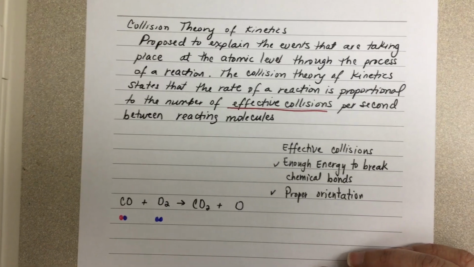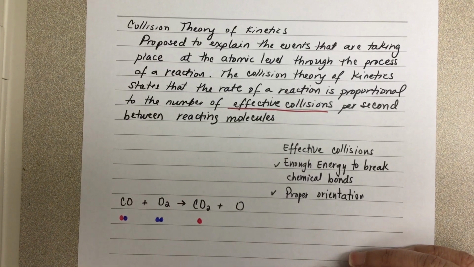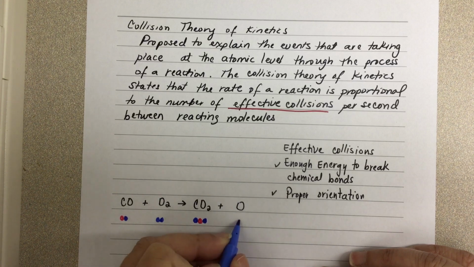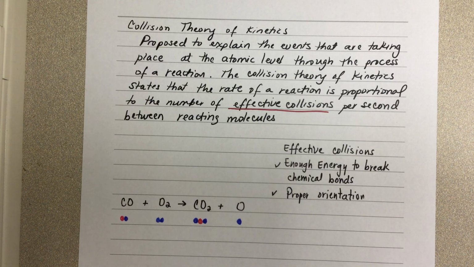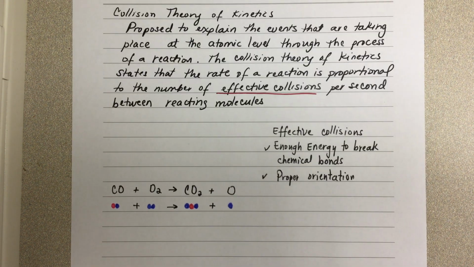Now CO2: I have carbon, I'm going to put one oxygen here, and then another oxygen. So it's the same thing, but using just dots representing your atoms with different colors.